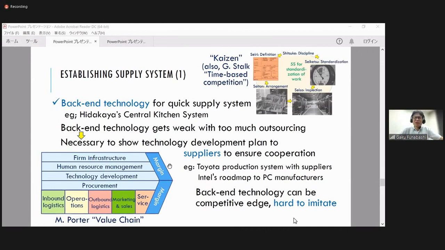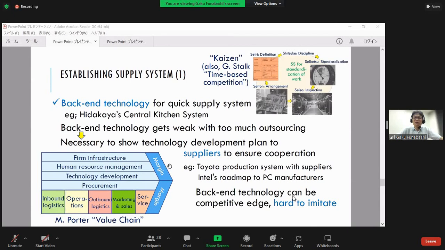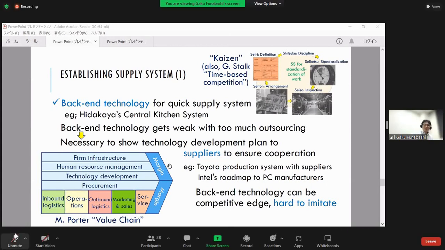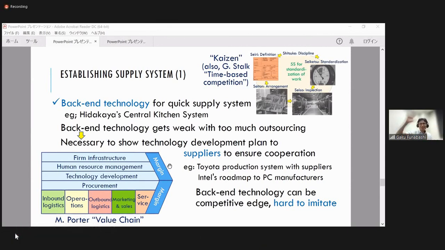So in the software industry, programmers are called back end, because they are behind the scenes, writing the code, making the program and providing it.